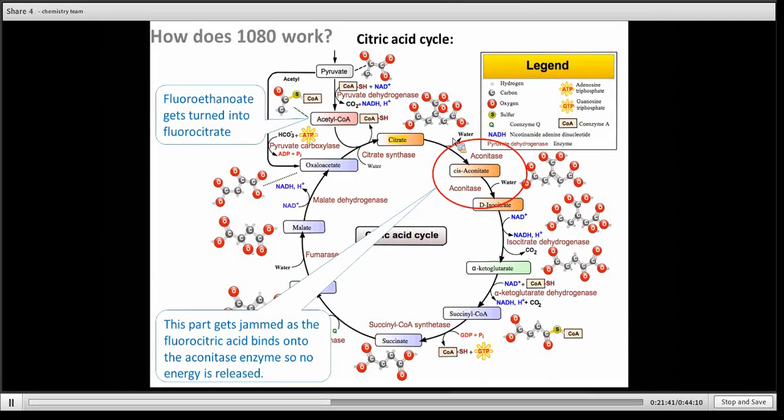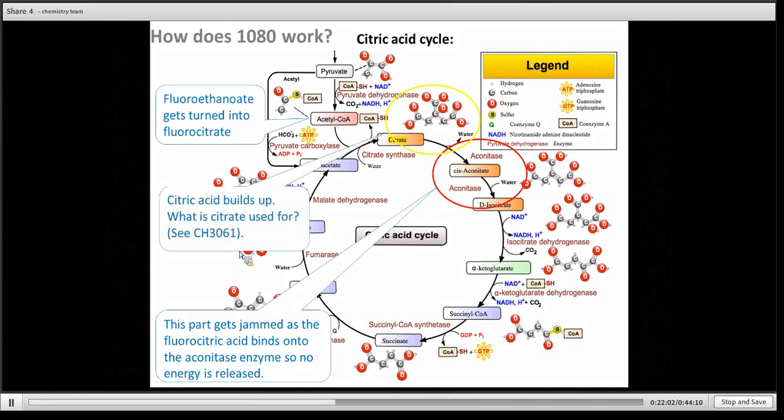And calcium, you know, you need for your bones, you need it for brain function, so that you get poisoned by having too much citrate in your body. Okay, so we basically said here that the enzyme is jammed, okay, and the citric acid builds up, and as I say, when you do the 3061, you'll know what citric acid does.